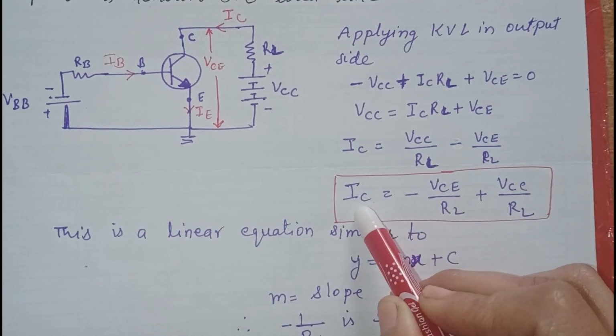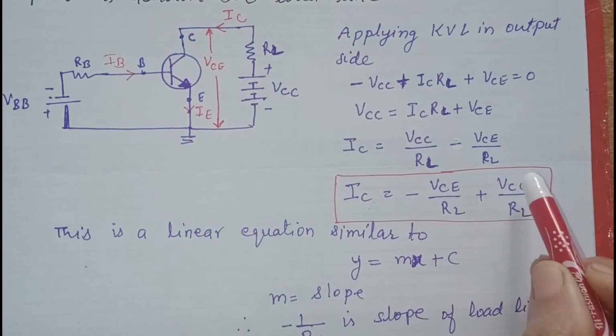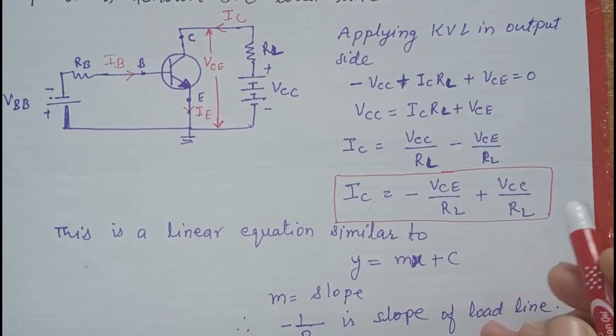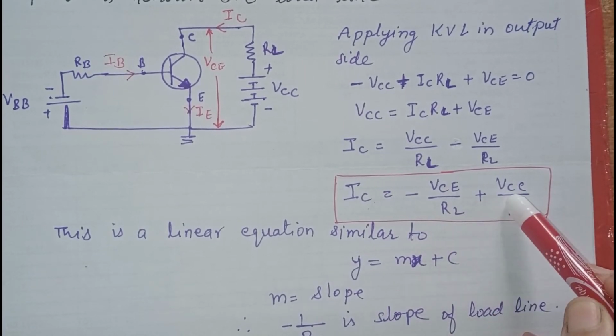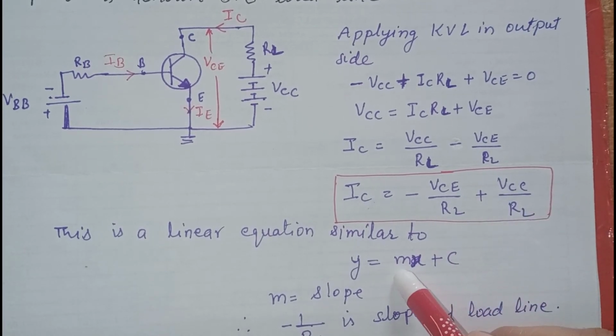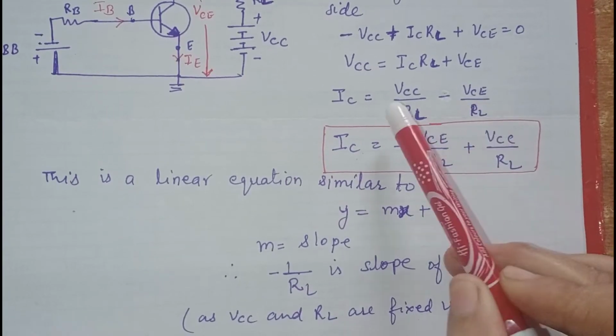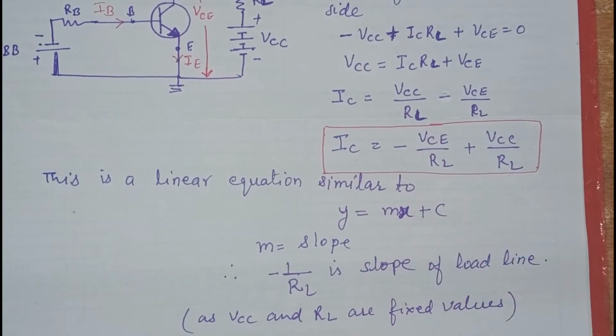Here also IC and VCE are the changing values and RL and VCC are the fixed values. So this is like a straight line equation, where m is the slope. Here the slope of this DC load line is minus 1 upon RL.